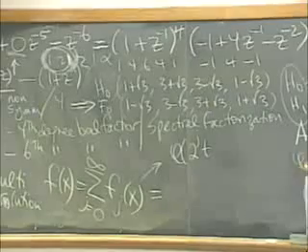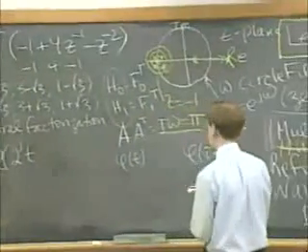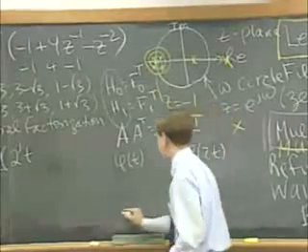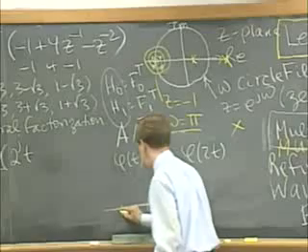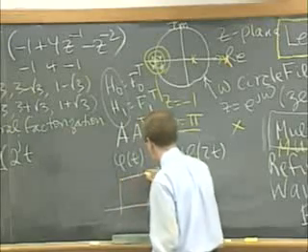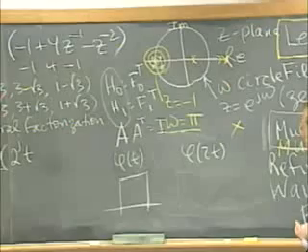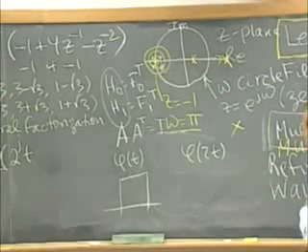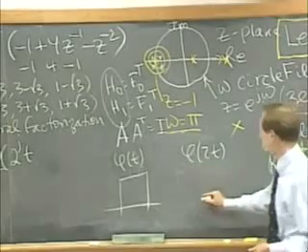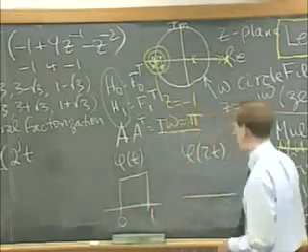If I graphed a function of t and a function of 2t, what would the two graphs look like? Let me take a really simple graph for my own reasons. Suppose the graph is like that. It's just a square wave. If that's phi of t, say from 0 to 1, what's the graph of phi of 2t?